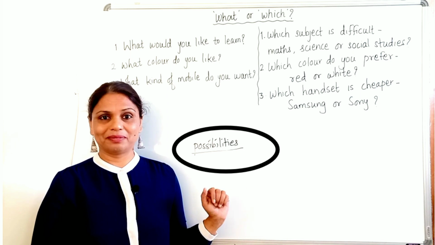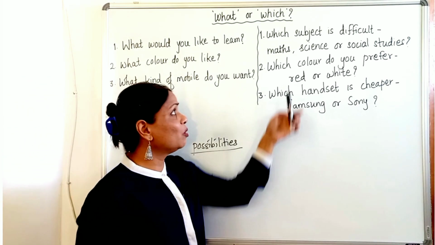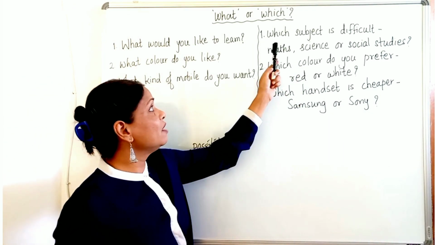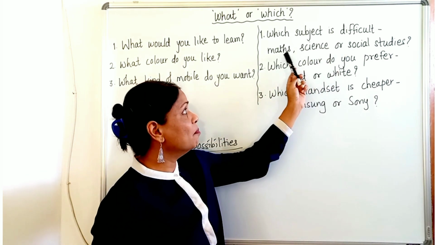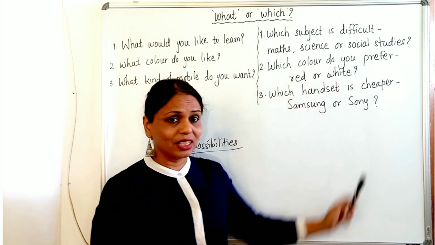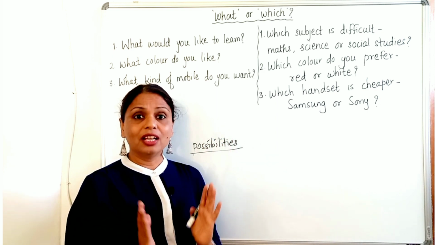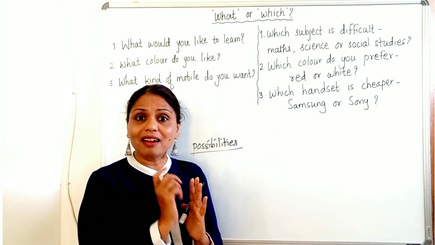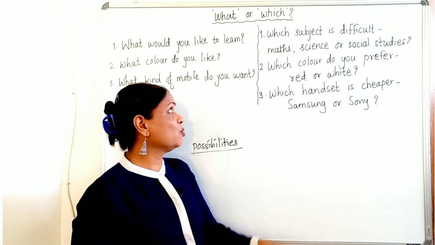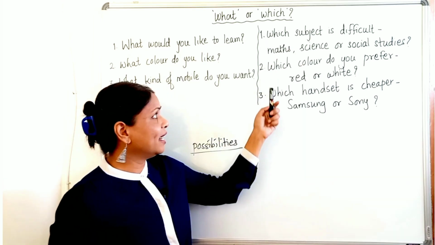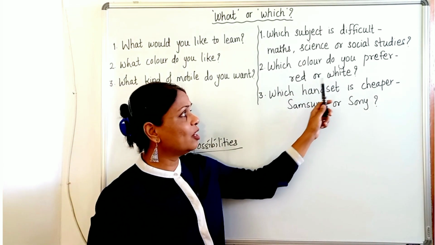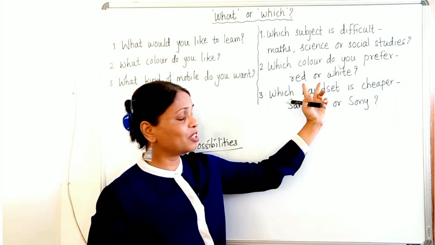use what. On the other hand, if you look at these questions, you can see which subject is difficult, maths, science or social studies. I have narrowed down the options. The options, the choices are limited. In such cases, you can use which. Second, which color do you prefer, red or white? Again, 2 options are given.